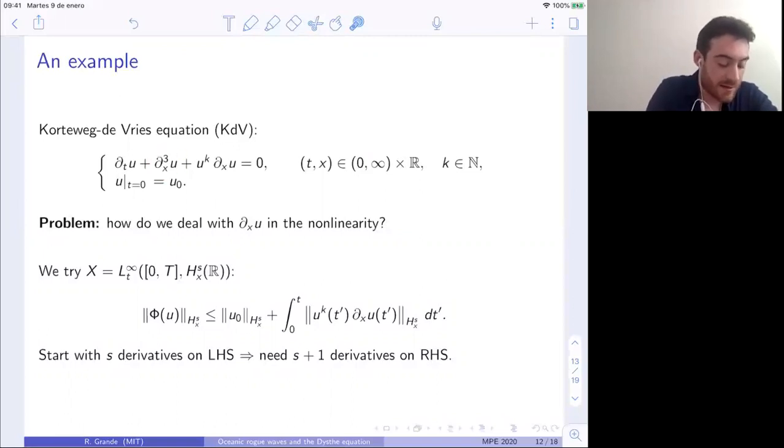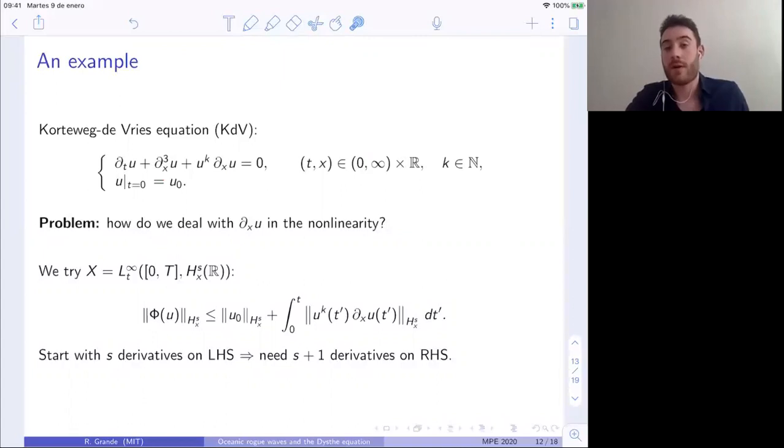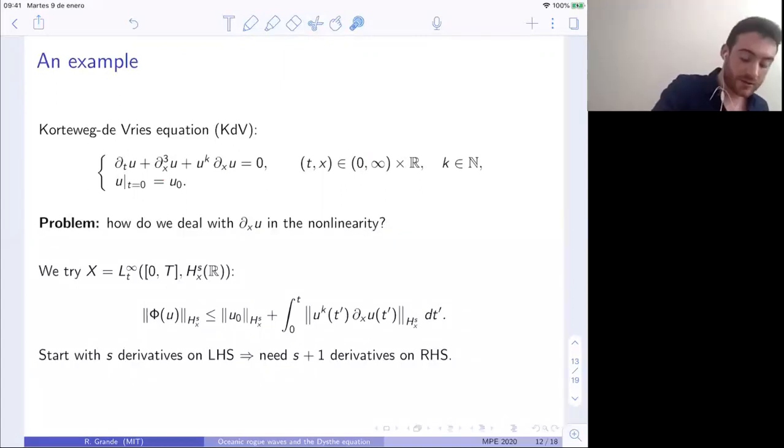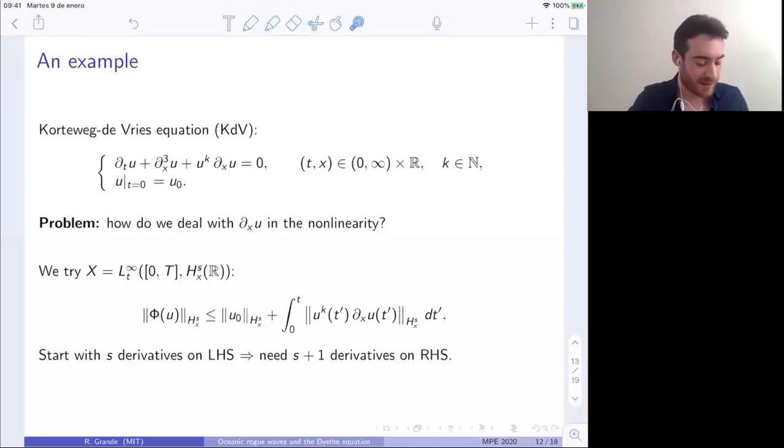And we also have that the nonlinear part has one derivative as well. So a lot of the issues that we will see for other equations can be understood in this version, the KdV equation. I should mention also that the KdV is really only the case k equals 1. k equals 2, I think, is called modified KdV, and then generalized KdV from then on. But these are just technicalities.